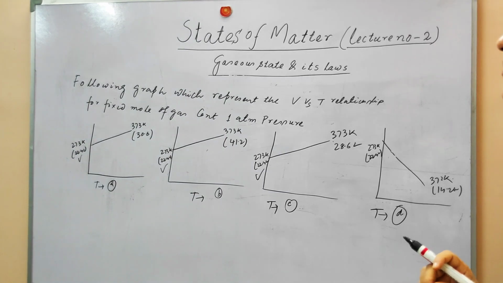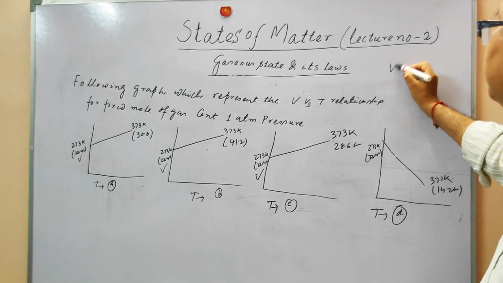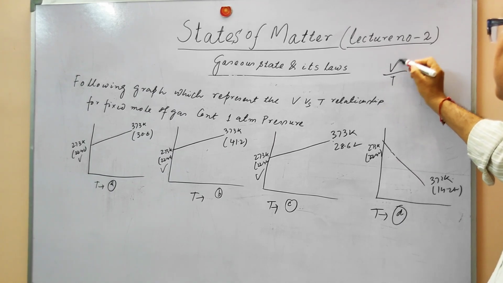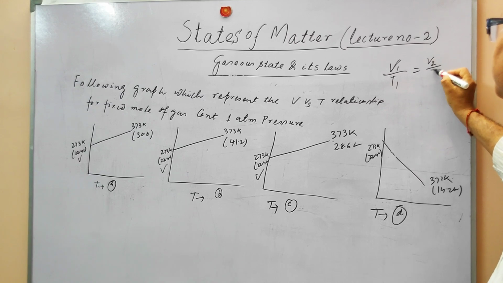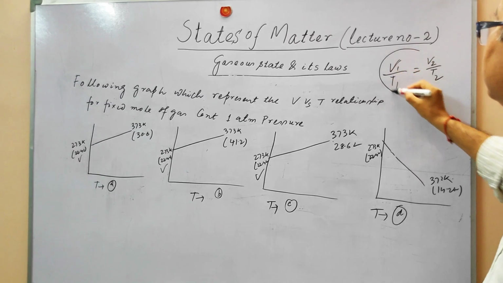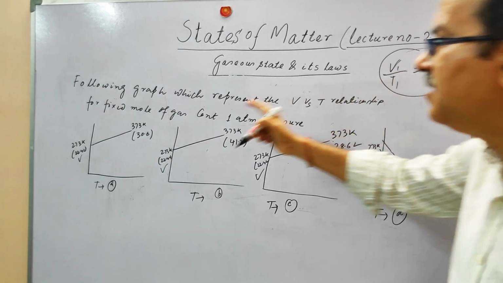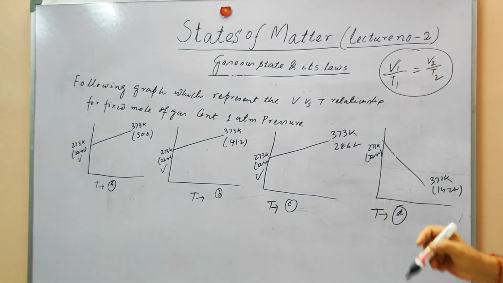For that we have to recall that V by T is constant, V1 by T1 is equal to V2 by T2. In this case, the initial temperature and volume are given here.